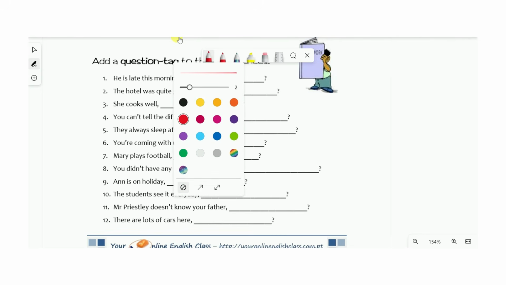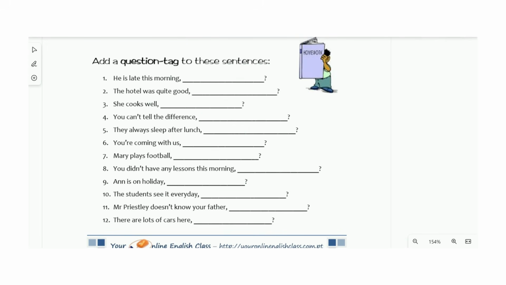We have already established what we mean by a question tag, and how to use various question tags for different sentences. Now we are going to look into the sentences and then we are going to add question tags. Remember, for you to add a question tag, you look whether the sentence has an auxiliary verb and then you check if the statement is negative or positive, so that you know which question tag to include in that particular statement.